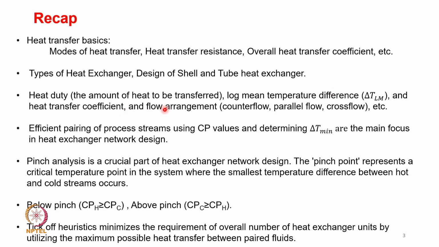For instance, what is the type of flow that you should use: cross flow, counter flow, parallel flow, and so forth. Then we looked at the concept of pairing the process streams using Cp values to determine the minimum delta T, which we call delta T minimum, and that is the key aspect in the design of heat exchangers.